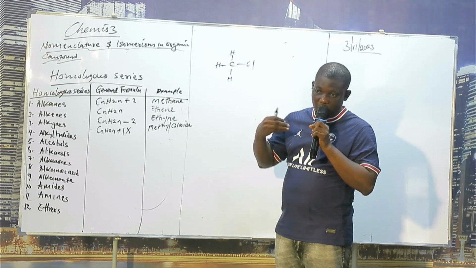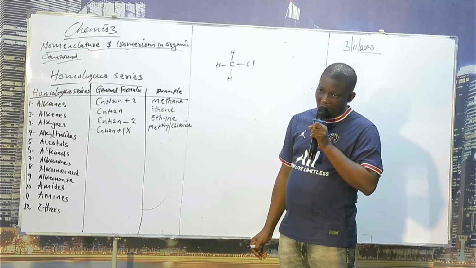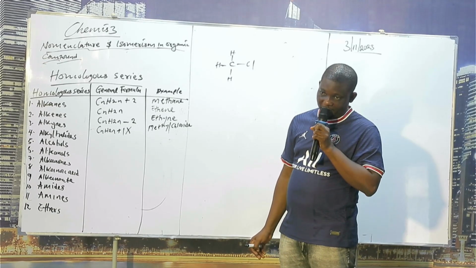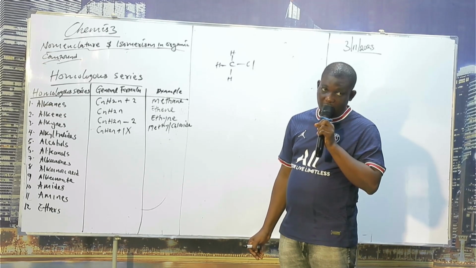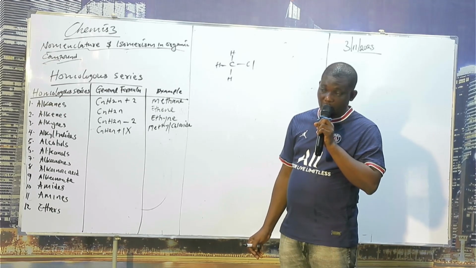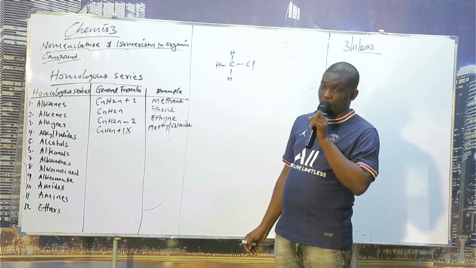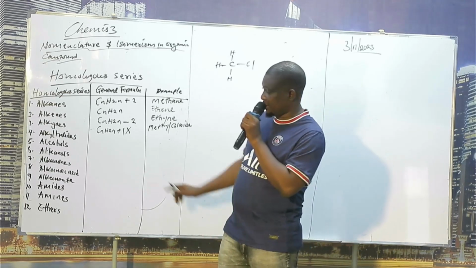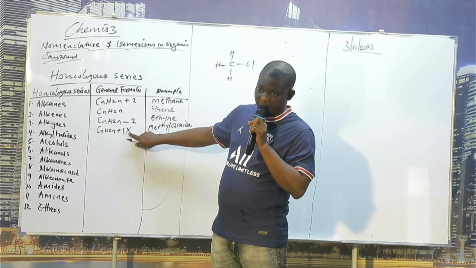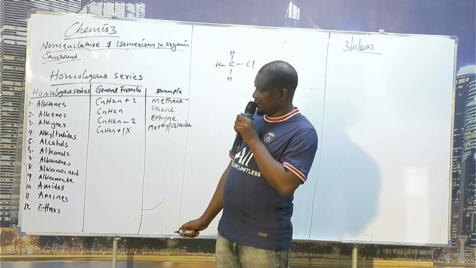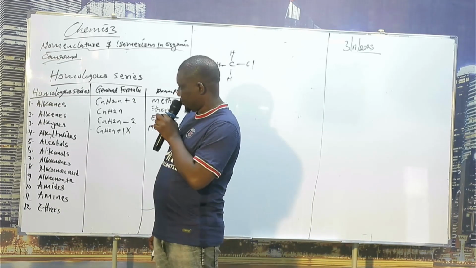Methyl chloride, or chloromethane. Not chloromethyl. It's chloromethane, or you call it methyl chloride. So the functional group of the alkyl halides is X.